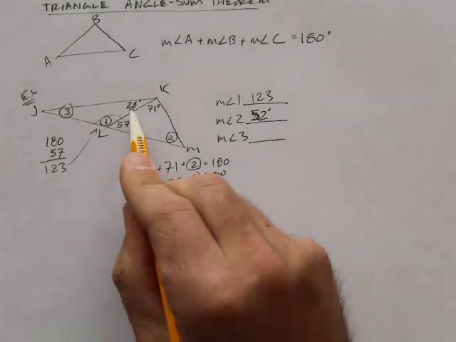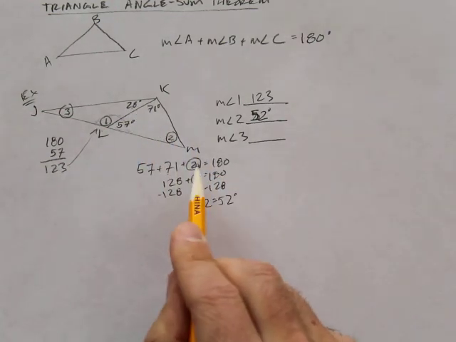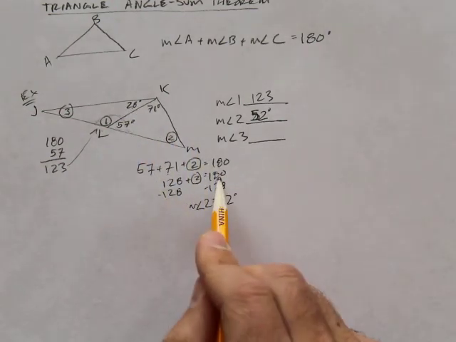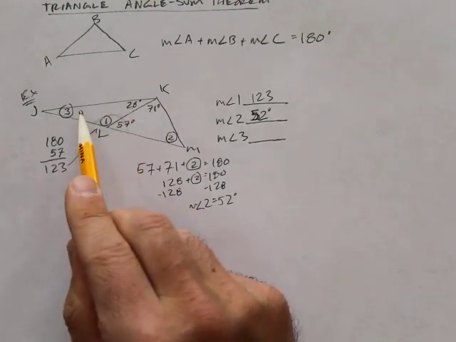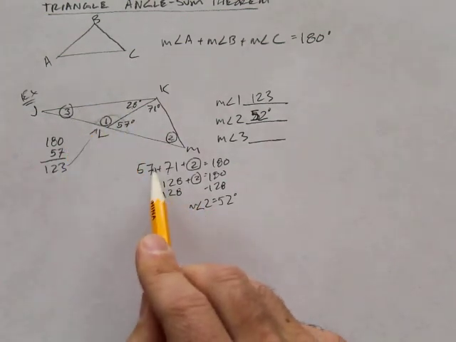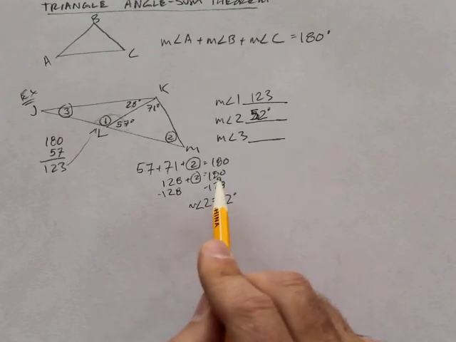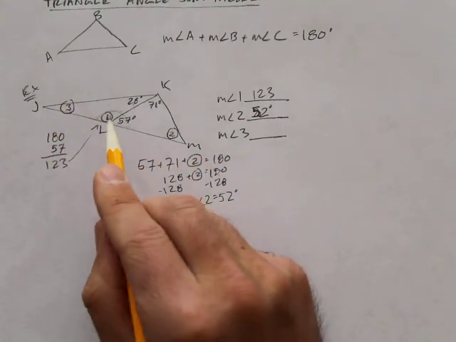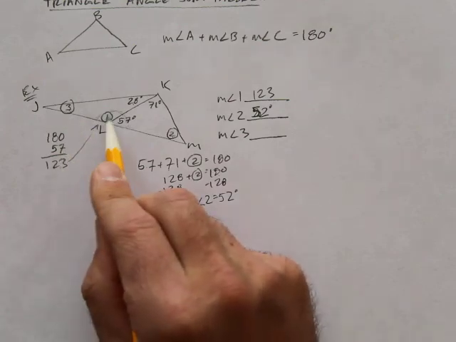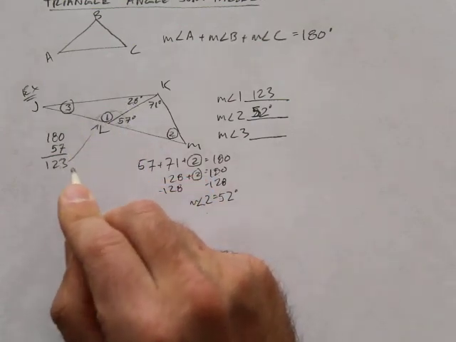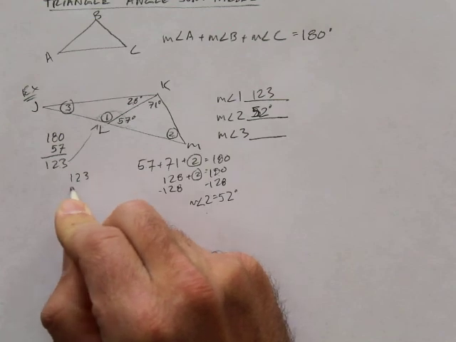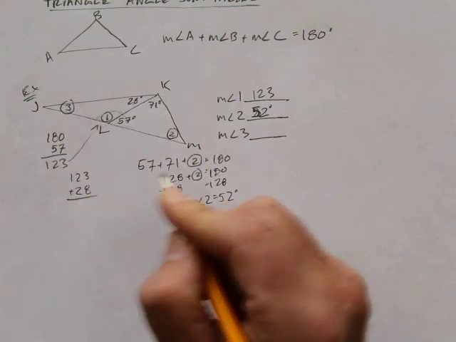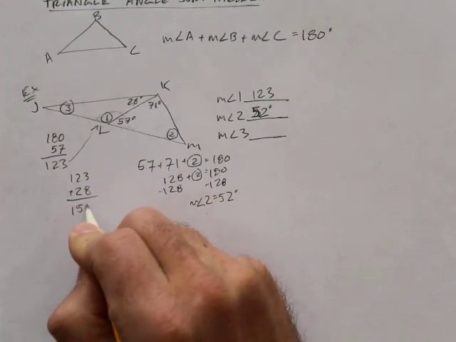So we can do our math this way, but let me do it another way here to find the measure of angle 3. So we can do this more algebraically, if you want. Or we can do it another way. Let's say 123 plus 28 equals 151, right?